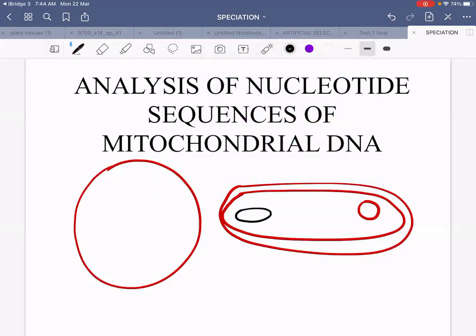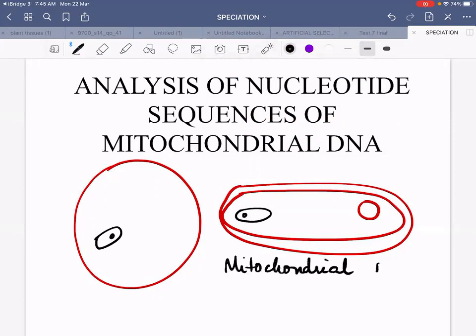Mitochondria has its own circular DNA. Similarly, inside your animal cell also there is mitochondria, it also has its own DNA, and that is known as the mitochondrial DNA.